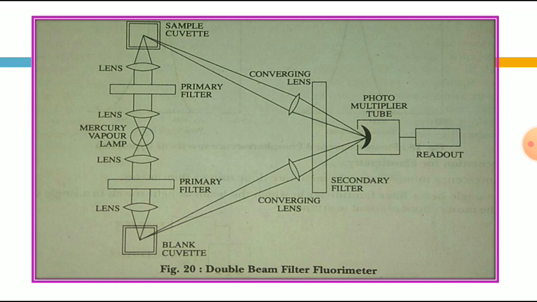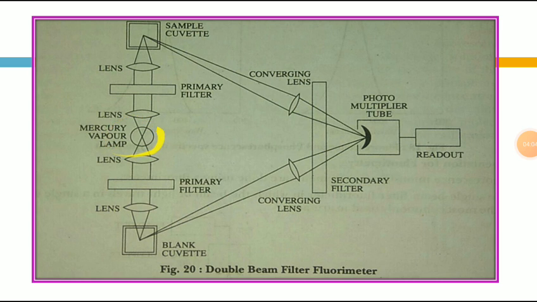All of you know these components, we have already seen them in the single beam fluorimeter. In today's lecture also we are going to see, one by one, all the components of this double beam filter fluorimeter. So these are the components.